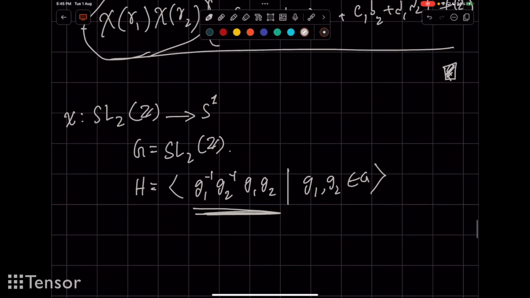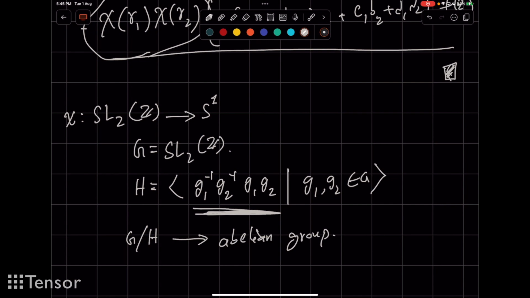And this turns out to be a normal subgroup, so we can take the quotient G over H. And as you can guess, this is an abelian group, because we are quotienting out by the commutator of g1 and g2 for all g1 and g2, right?